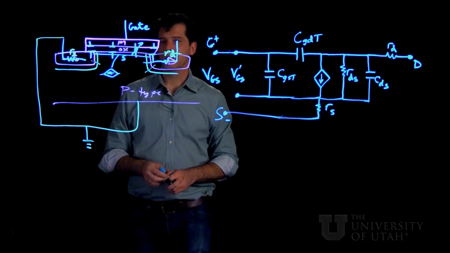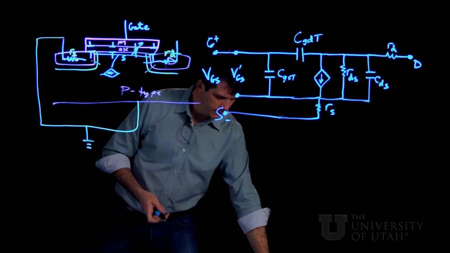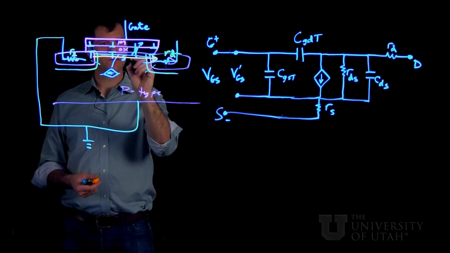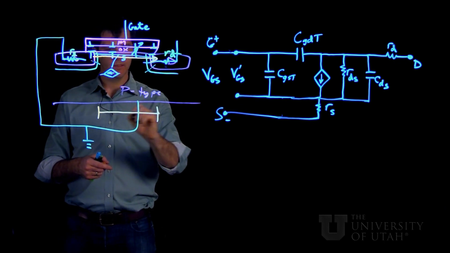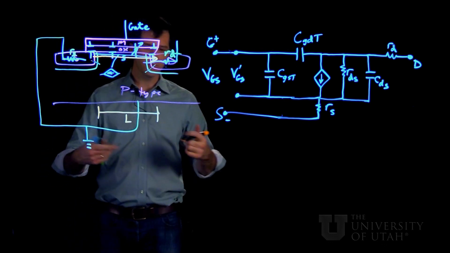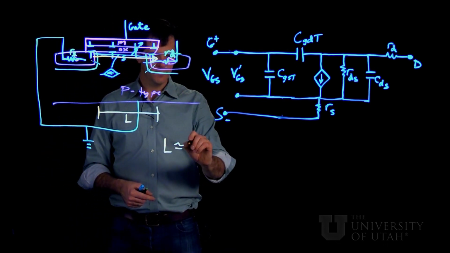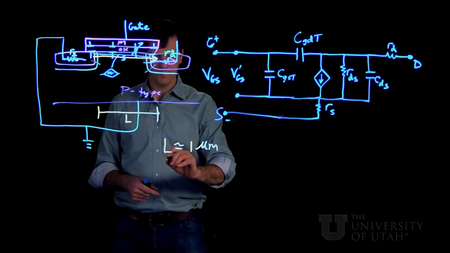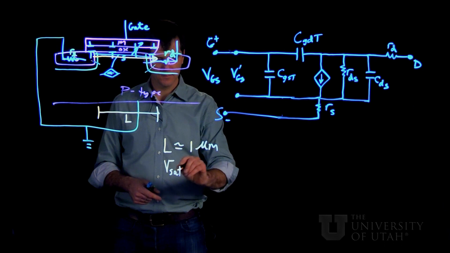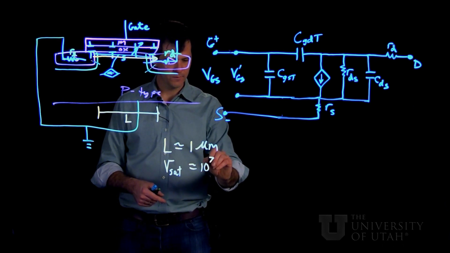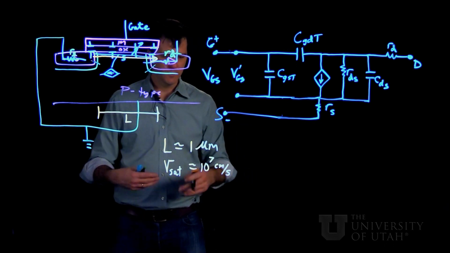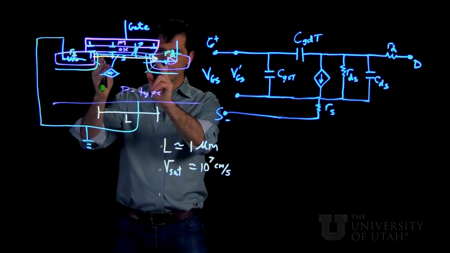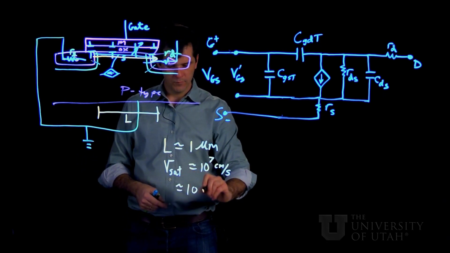So the first physical effect that one might envision is that there's a limitation set by how long it actually takes an electron to traverse this distance, which is the gate length L. So if you work out some round numbers, let's say L is about 1 micron, and we assume that the carrier is traveling at its saturation velocity, which is about 10^7 centimeters per second, we end up with an estimate that the time it would take for the carrier to traverse this distance is something like 10 picoseconds.